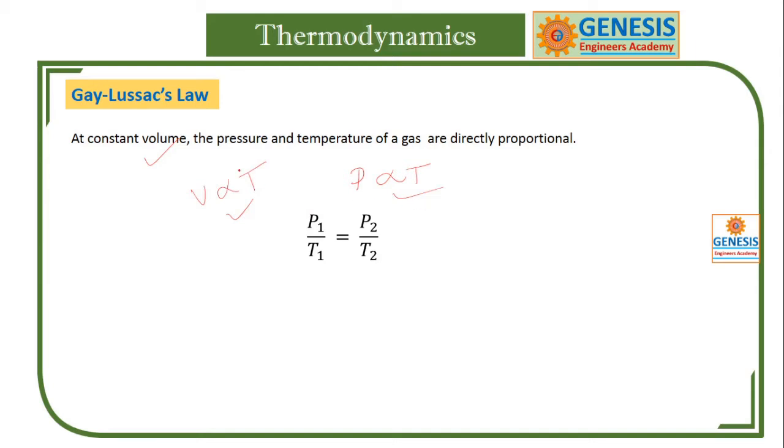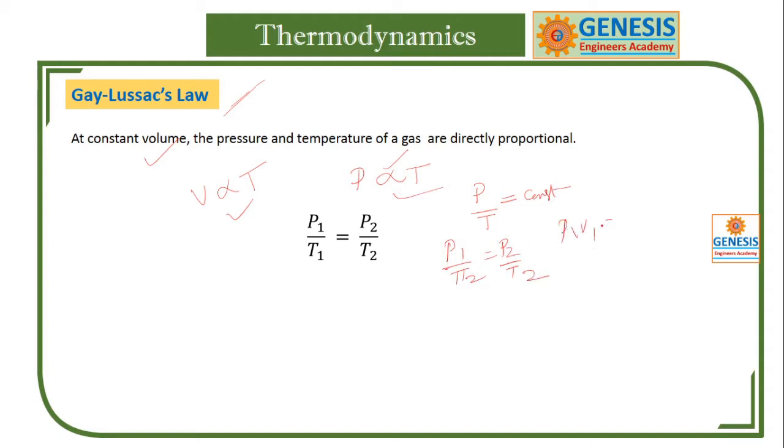It is also called Charles' second law, but in the most popular usage we don't use Charles' second law, we use Gay-Lussac's law. If you remove the proportionality constant, it can be written as P by T is equal to constant, and then P1 by T1 is equal to P2 by T2. So this is Gay-Lussac's law.